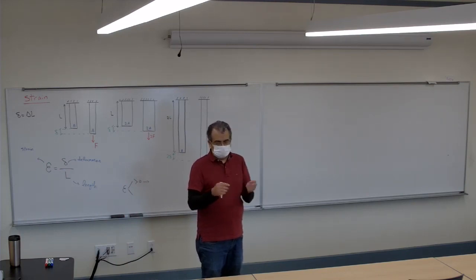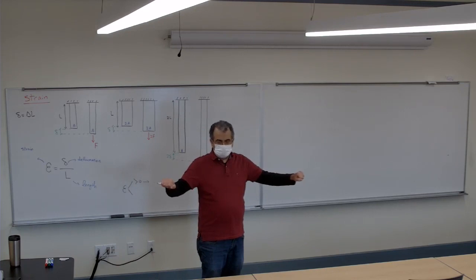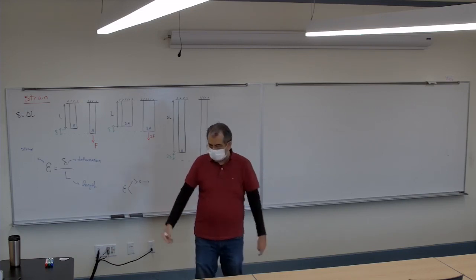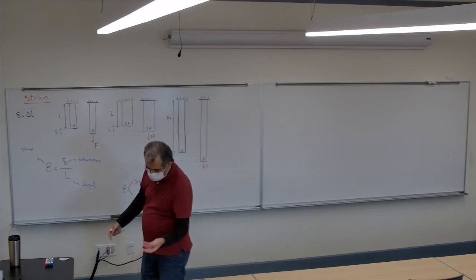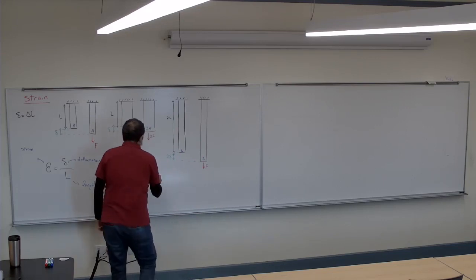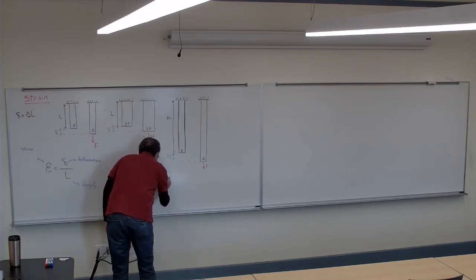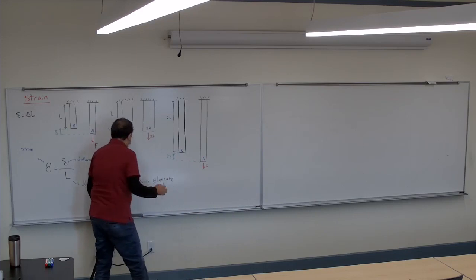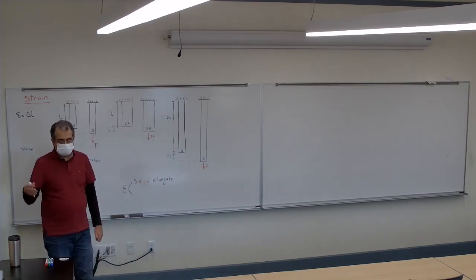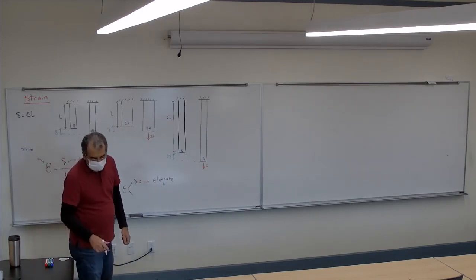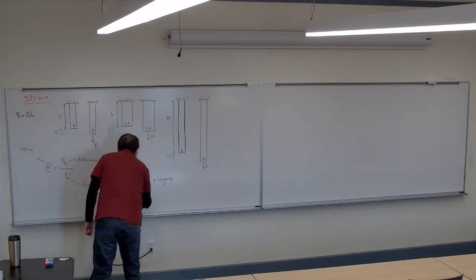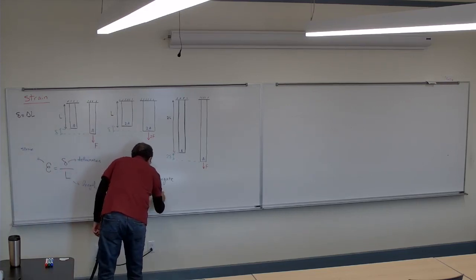Tension. Tension means it is pulling it apart. So if the tension is positive, the strain is gonna be positive as well, and it means that your length is increasing, or it has elongated. So when the strain is positive, it is increasing, and if it is negative, it means that it's shrinking.